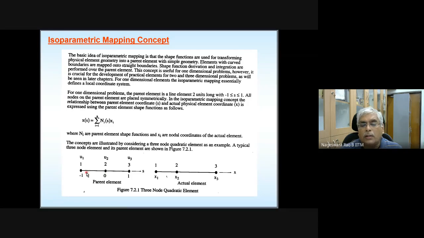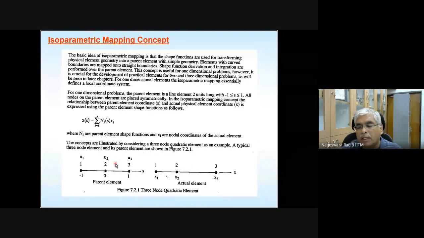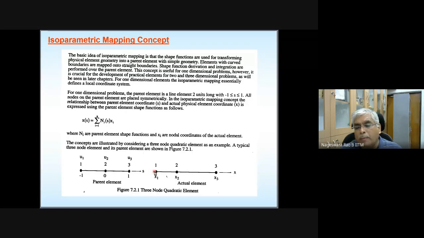Okay, so when we say we are mapping this actual element onto this parent element, what is the meaning of it? The meaning is every point on the actual element is going to have a mapped point, a point on the parent element. Every point on the actual element will have a corresponding point on the parent element, and also that correspondence is only 1-to-1.